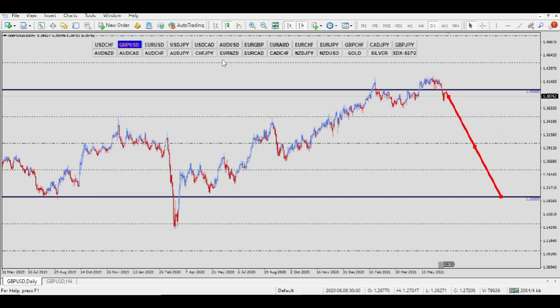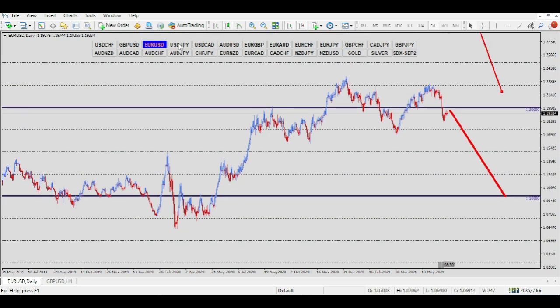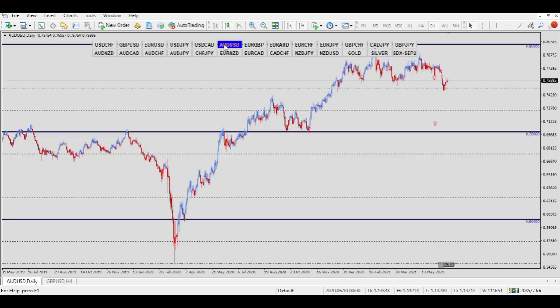The same thing with Euro USD. I don't know where this line is coming from, but it happens. I'm expecting Euro USD to sell because dollar is strengthening. If we go to AUD USD, I'm going to expect the same thing.